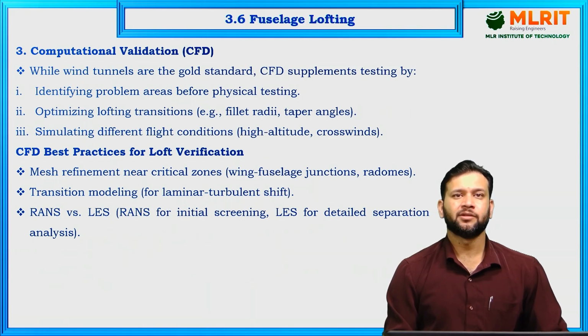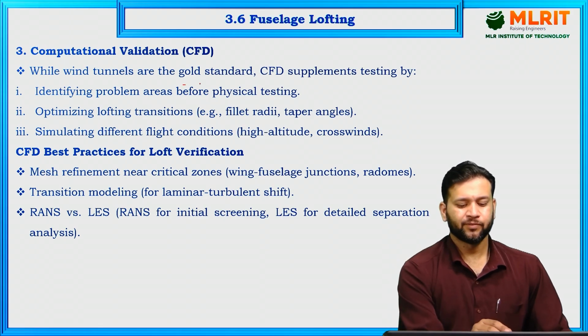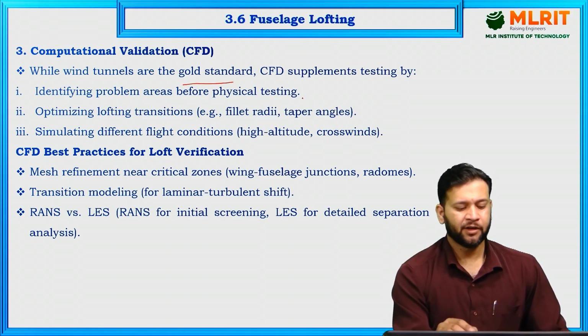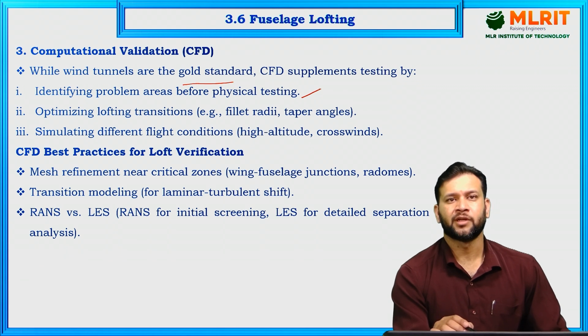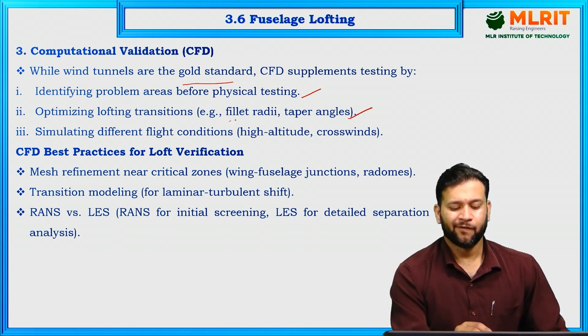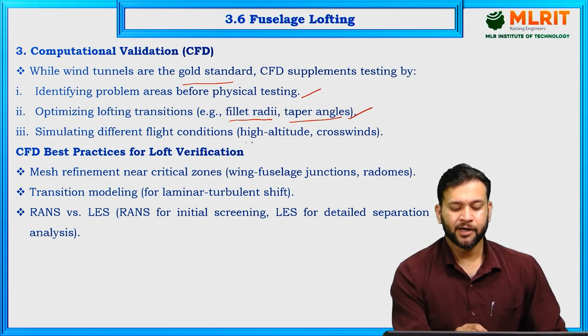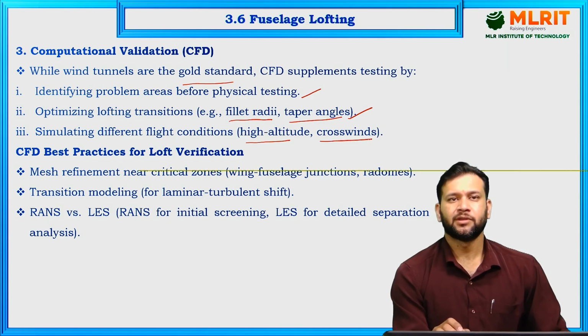Computational validation. While wind tunnel testing is the gold standard, CFD supplements testing by identifying problem areas before physical testing, optimizing lofting parameters like fillet radii and taper angles, and simulating different flight conditions such as high altitude and crosswinds.